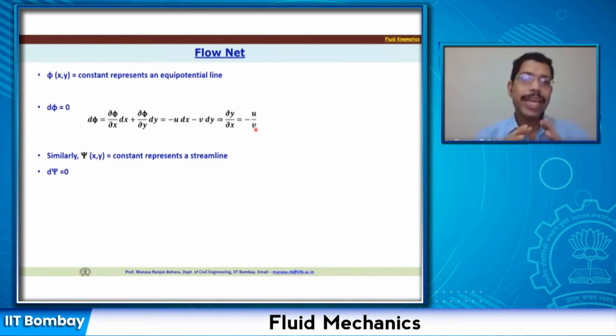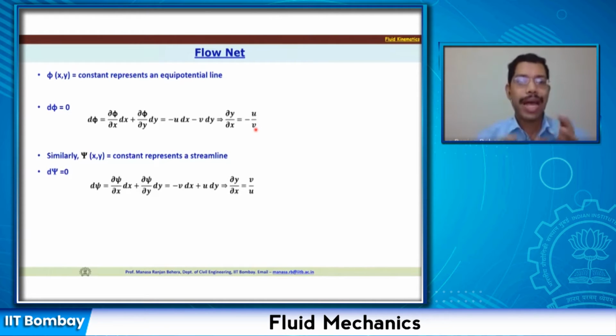So psi(x,y) constant represents a streamline, and if I take d psi, then that will become 0. And if I write down the expression for d psi again, substituting the values for ∂psi/∂x and ∂psi/∂y, I can write down minus v dx plus u dy, which implies ∂y/∂x is equal to v by u.